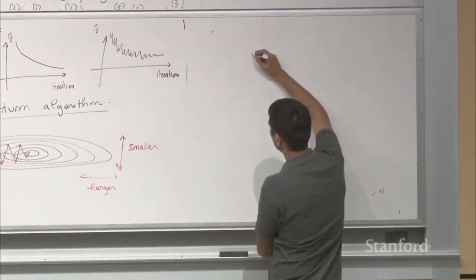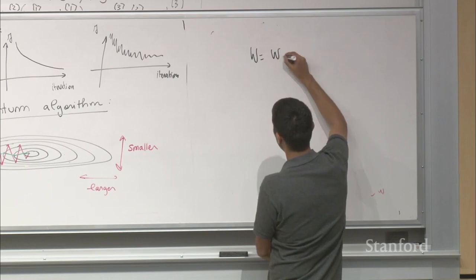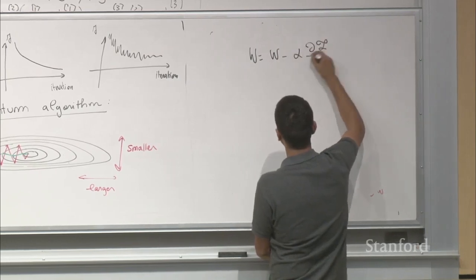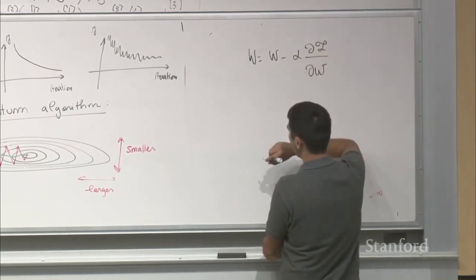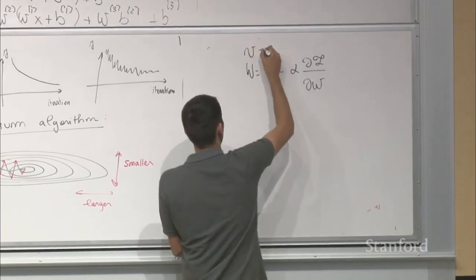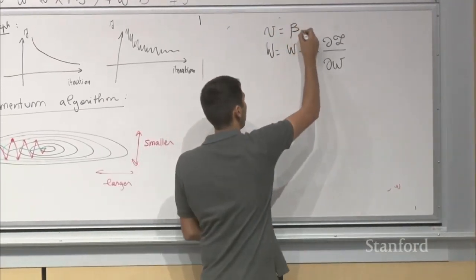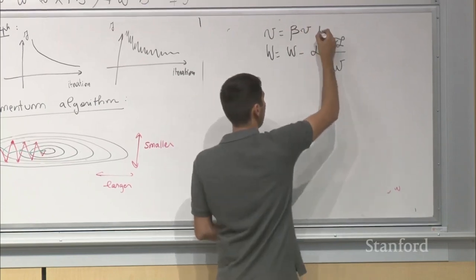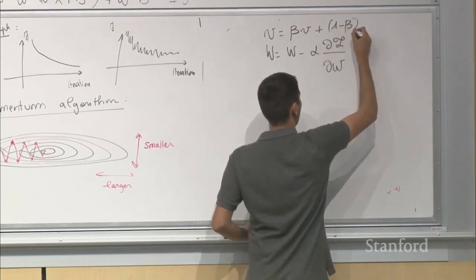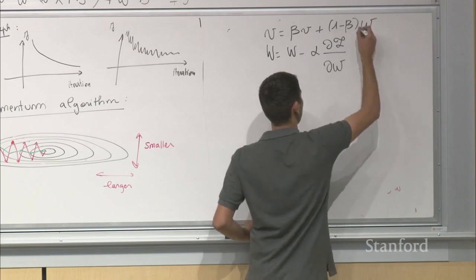So gradient descent was W equals W minus alpha times the derivative of the loss with respect to W. What we're going to do is use another variable called velocity, which is going to be the average of the previous velocity and the current weight update.